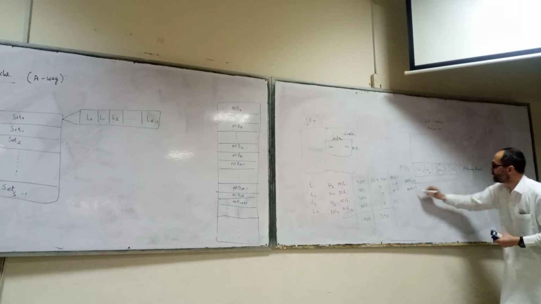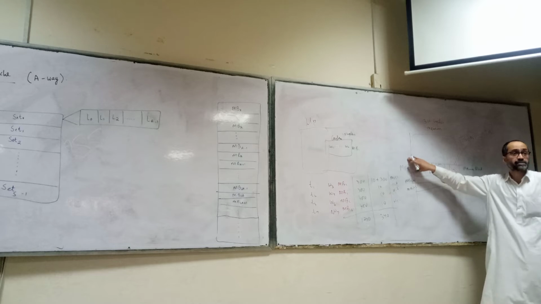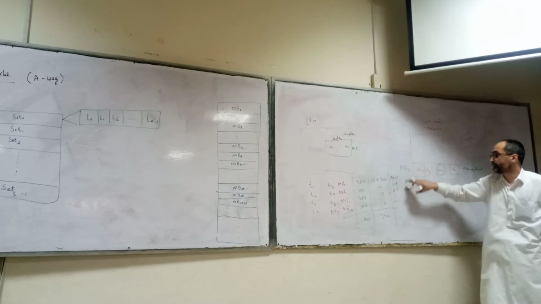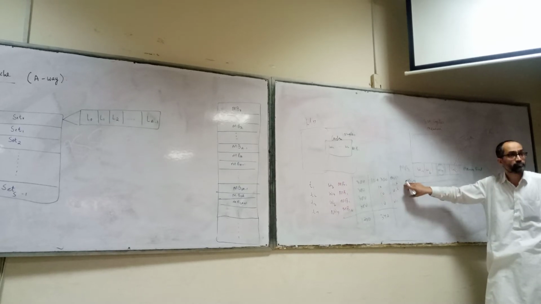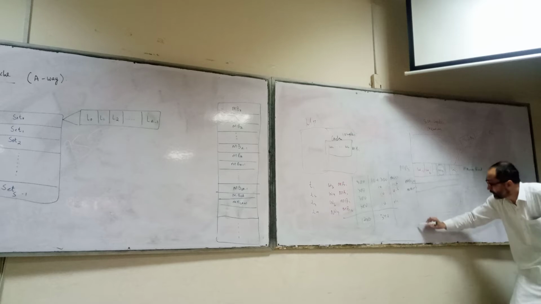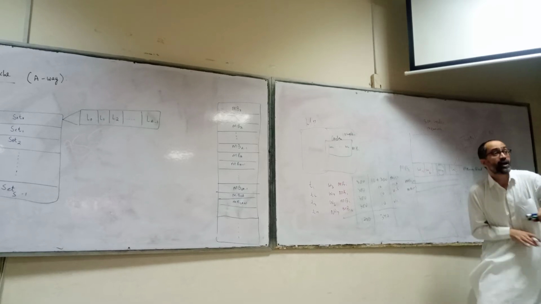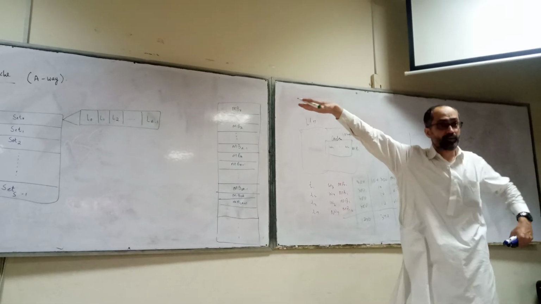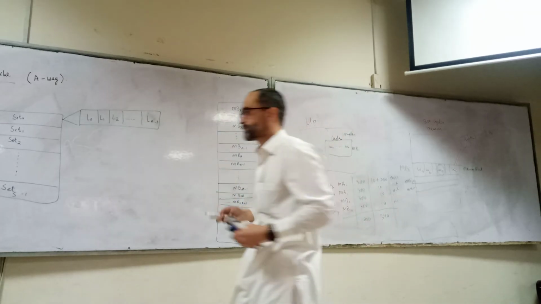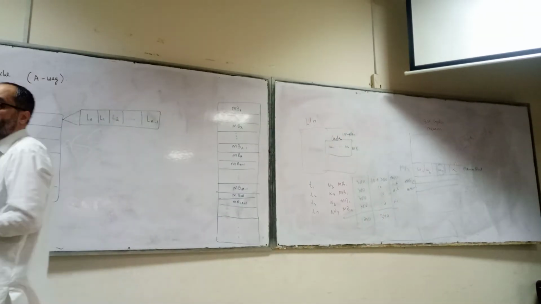If the microprocessor accesses memory block I, it is highly probable that it will access the next block. But it is less probable that the microprocessor will access block I plus 100. So this is the concept of spatial locality.